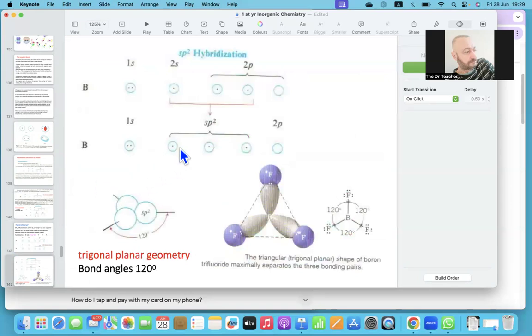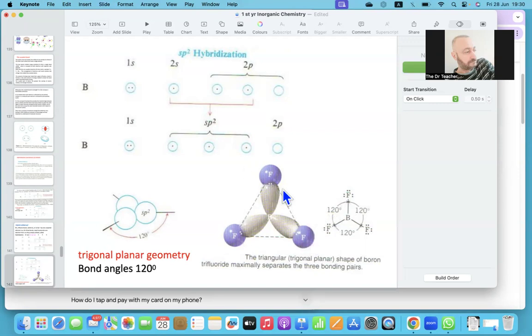Now, this is it. s, p, p means sp to the power 2. This is the hybridization of the central atom, boron, used to form 3 orbitals singly. So here we have a triangular shape, and the bond angle for each of them is 120 degrees.